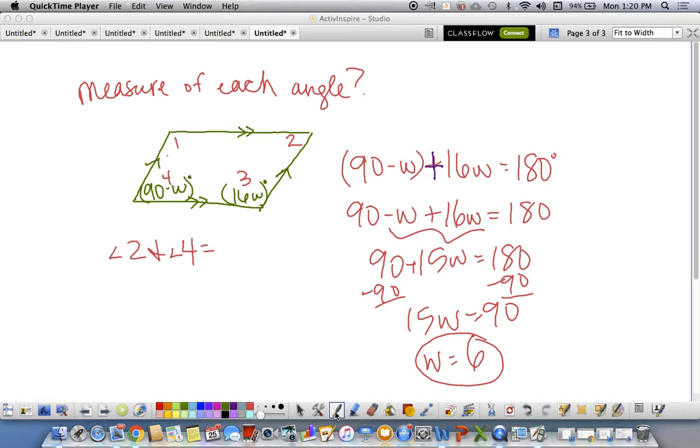Separately, what's 90 minus W? 84. 90 minus 6. I was like, the other one ends in a 6. Angle 1 and angle 3 equal what? 96. Because they have to be the same because they're opposite angles. Okay.